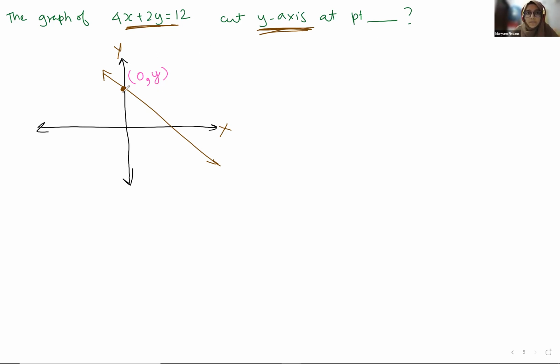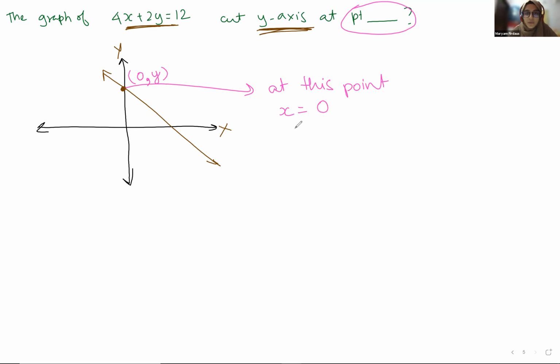So that means at this point, they are asking us this point, right? At this point, my x is equal to what? Look at the point and tell me. 0, ma'am. 0, yes.